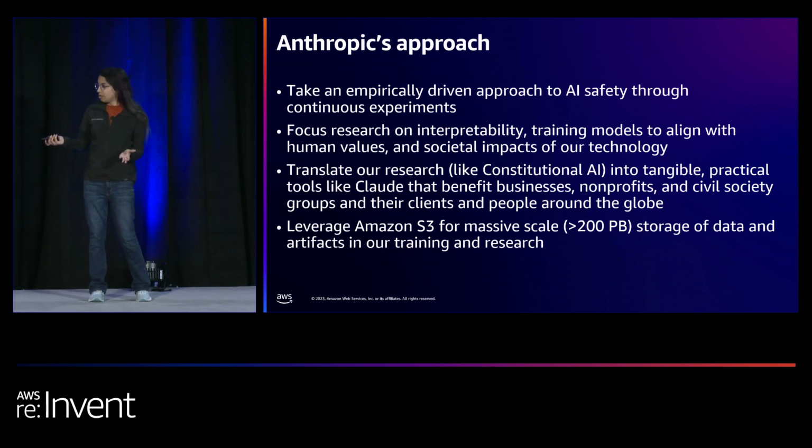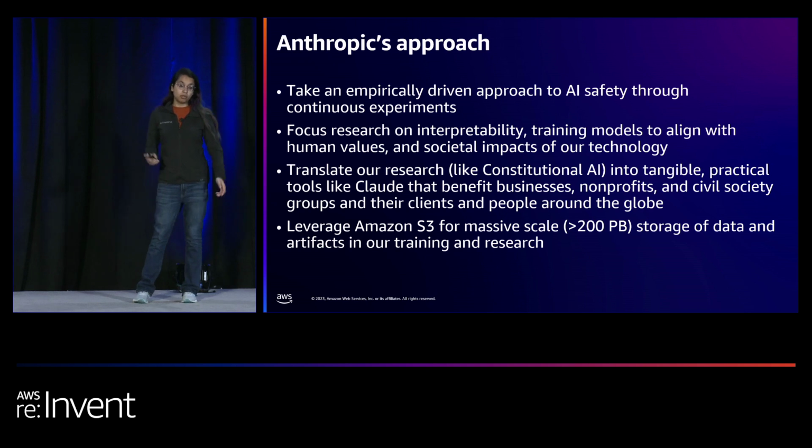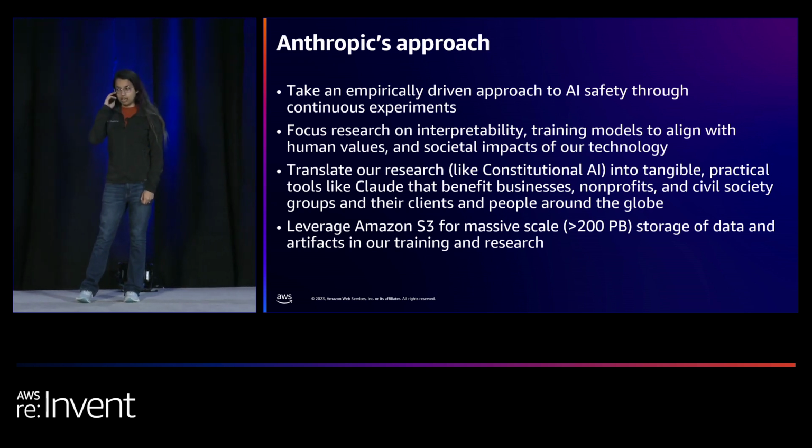So talking a little bit about our approach here and what makes us different, we take an empirical approach to AI safety. We have continuous experiments and focus our research on interpretability, training our models to align with human values and societal impacts of deploying that kind of technology, discovering things like constitutional AI, which allows us to reduce impact to human workers who might be in that pipeline, as well as speed up iteration for developing new models.